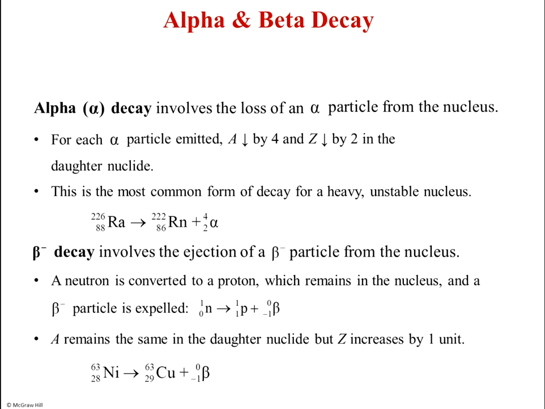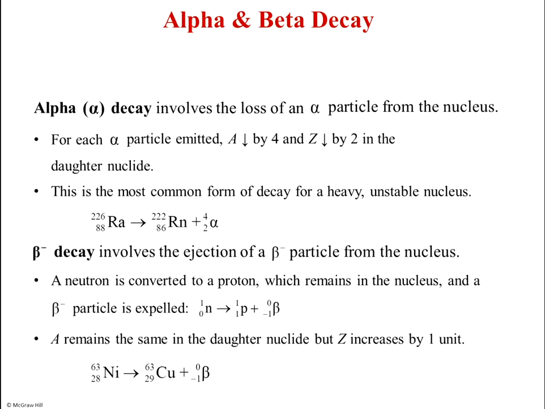Next, we have beta decay. This involves the ejection of a beta particle from the nucleus. And you might think, well, where does an electron come from the nucleus? Well, a neutron in certain nuclear decay processes is converted into a proton, which remains in the nucleus, and the electron is expelled.